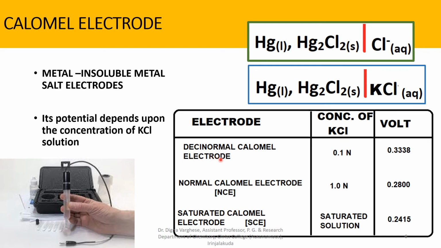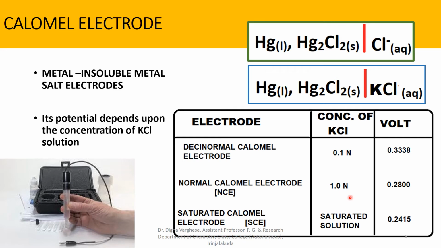First one is decinormal Calomel electrode, that is 0.1 normal potassium chloride solution is used here, and its electrode potential is 0.3338 volt.